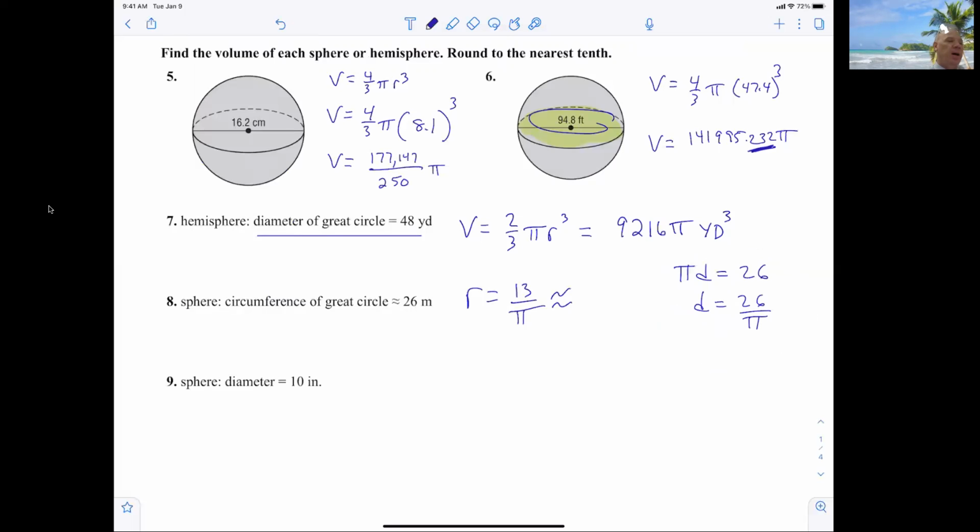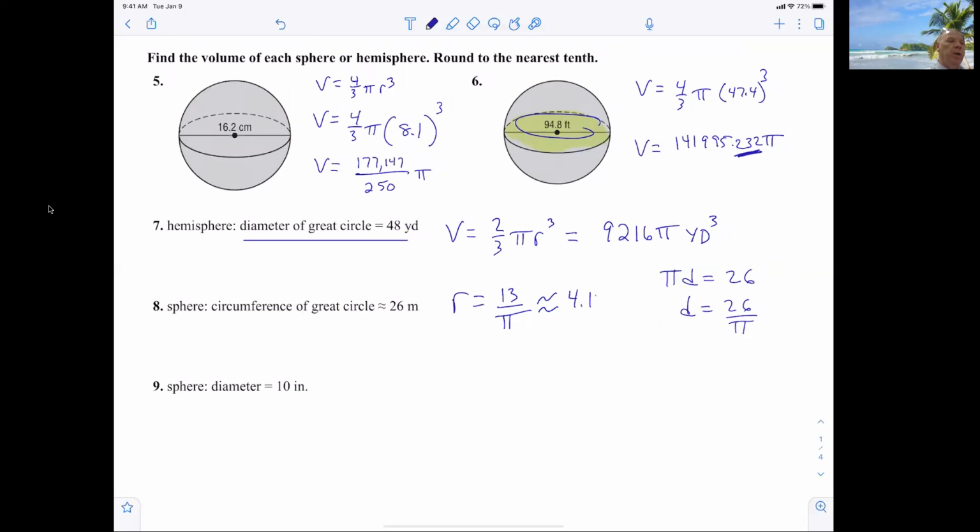13 divided by pi is not 94. As little as I know, 13 divided by pi is not that. It's 4.138. Now, listen, you're going to use that number. We're not using the decimal approximation.